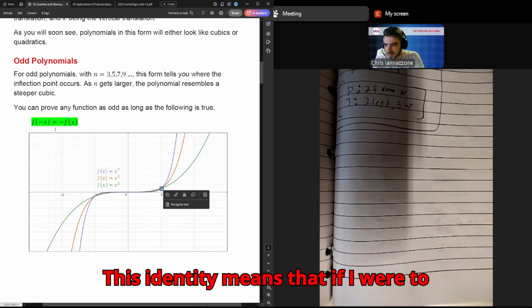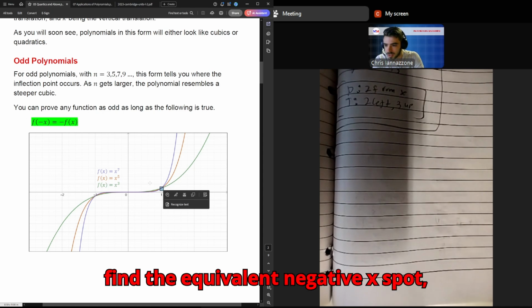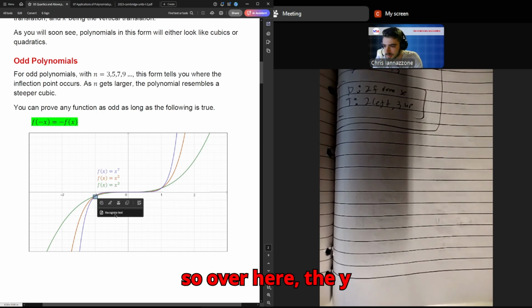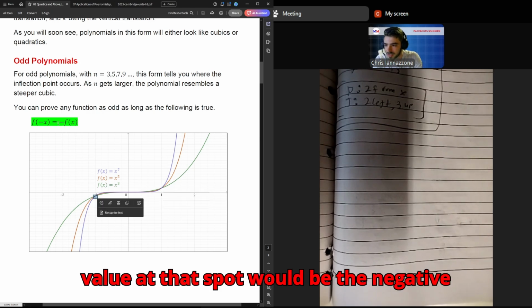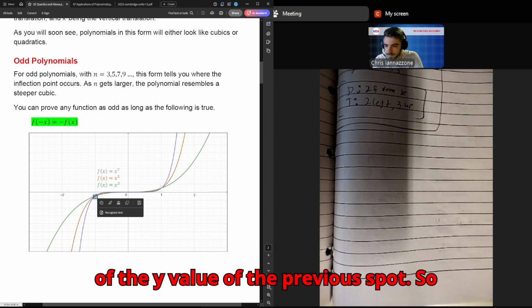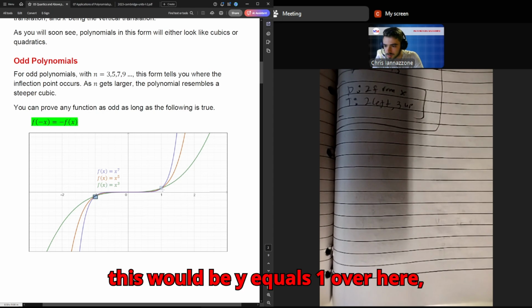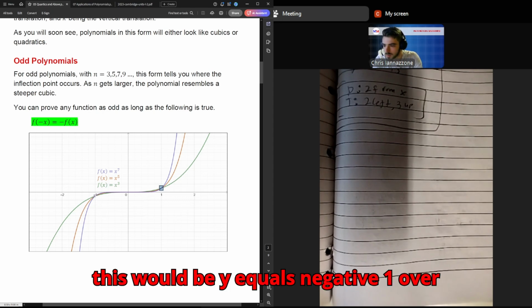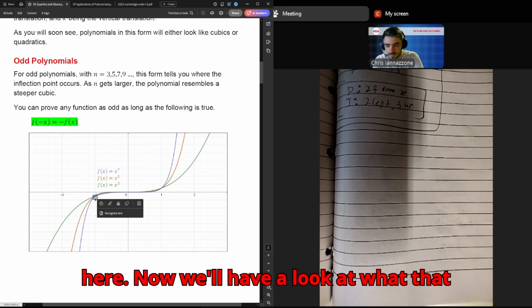This identity means that if I were to find the equivalent negative x spot, so over here, the y value at that spot would be the negative of the y value of the previous spot. So this would be y equals 1 over here. This would be y equals negative 1 over here.